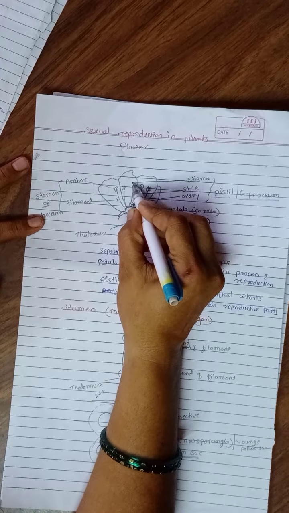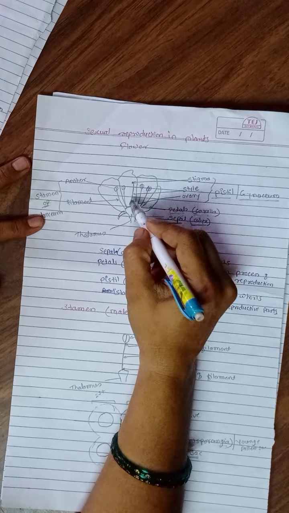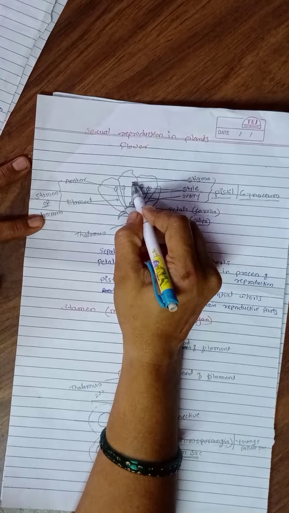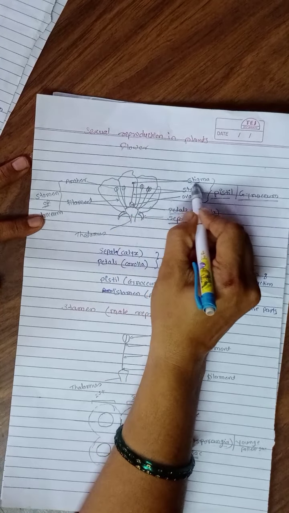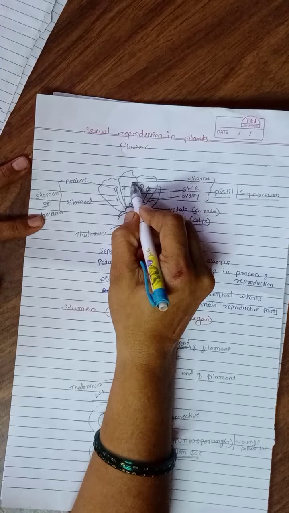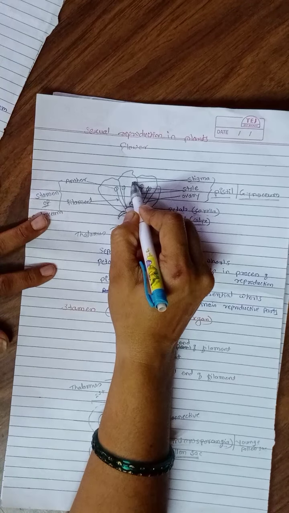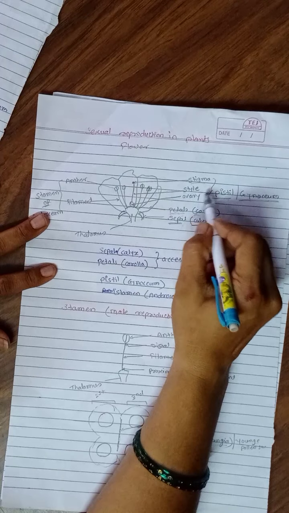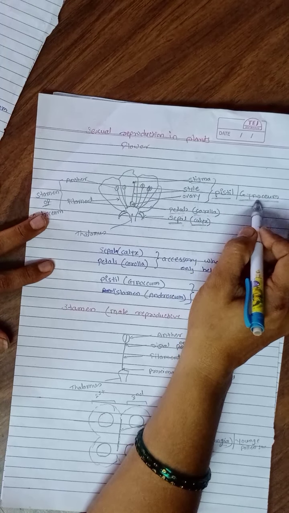Then this long slender style. The length of the style is different in different flowers, and the uppermost part is known as the stigma. This stigma receives pollen grains. This is the female reproductive organ, together known as the pistil or gynoecium.